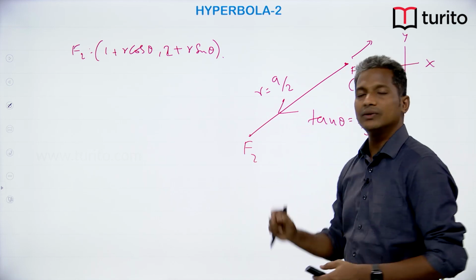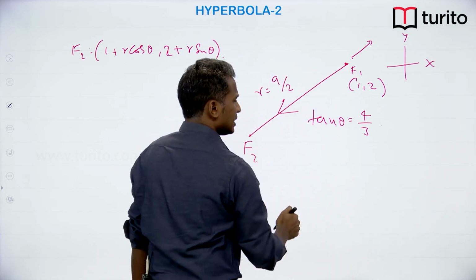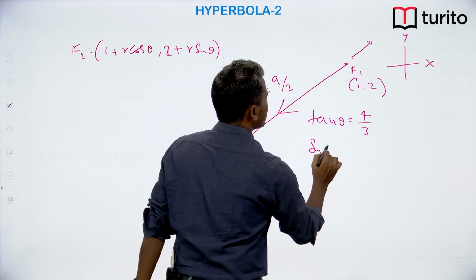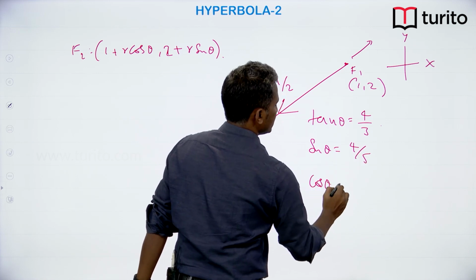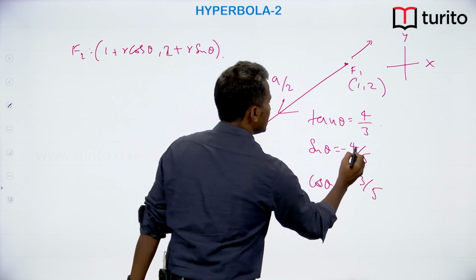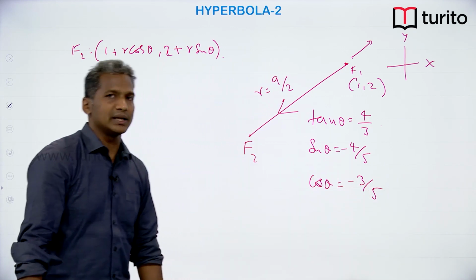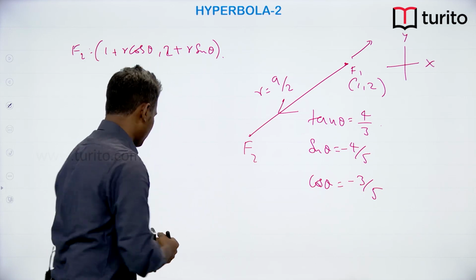For that, I have given you this idea of sign convention. So, here because tan theta is 4 by 3, I can get sin theta as 4 by 5, cos theta as 3 by 5, but because we are traveling in this direction, these two must carry minus signs. So, applying this, we will get the coordinates of F2, okay.